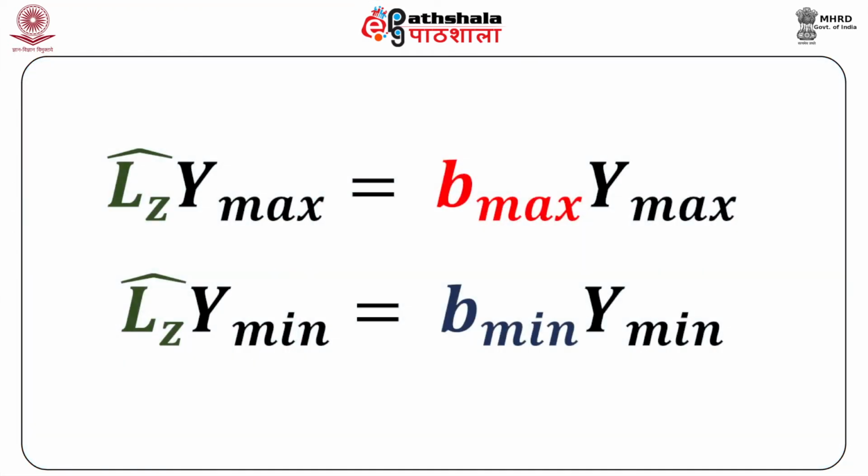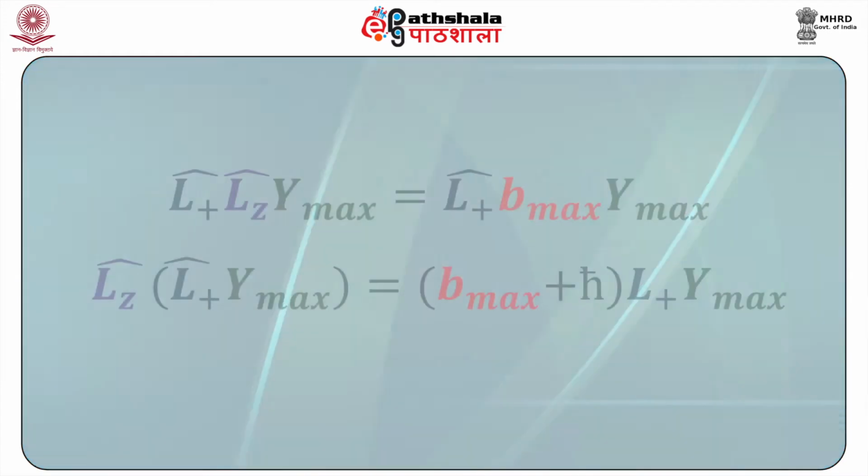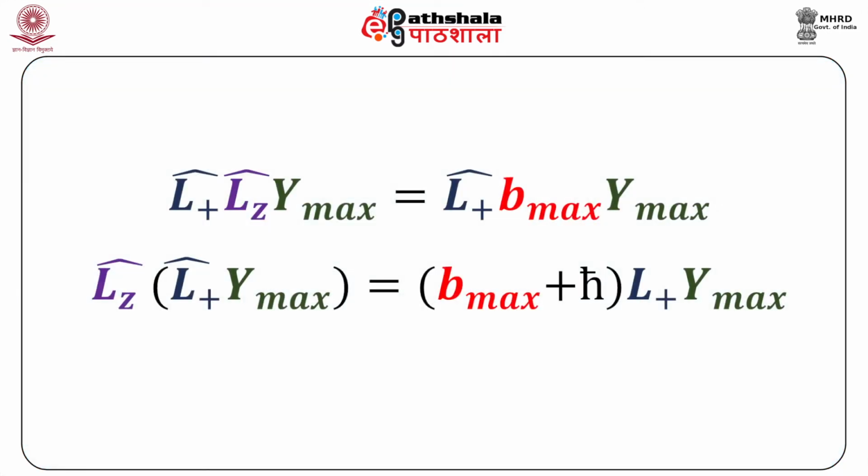Now, let us consider Bmax and Bmin as the largest and smallest eigenvalues of the Lz operator. This modifies the eigenvalue equation of angular momentum component Lz as Lz ψmax equals Bmax ψmax, and Lz ψmin equals Bmin ψmin. Now, operating on the Bmax equation with the L plus operator gives us the expression L plus Lz ψmax equals L plus Bmax ψmax.